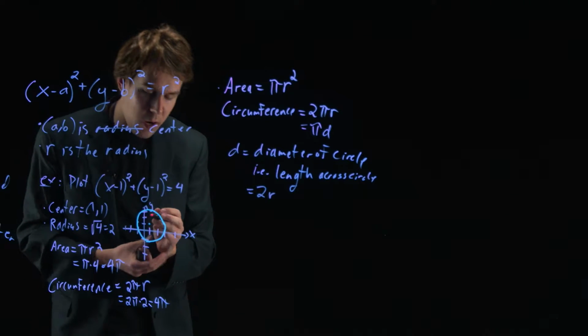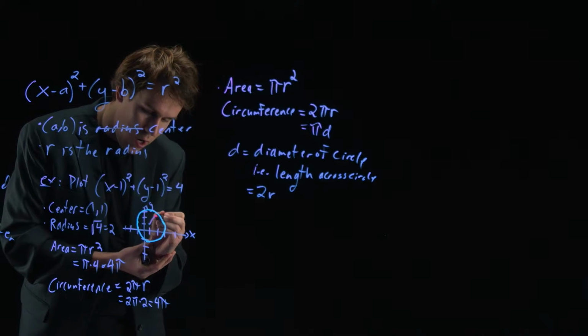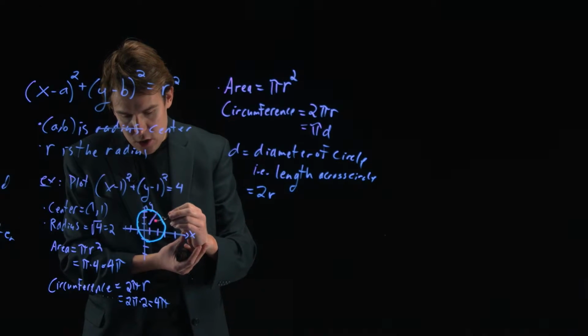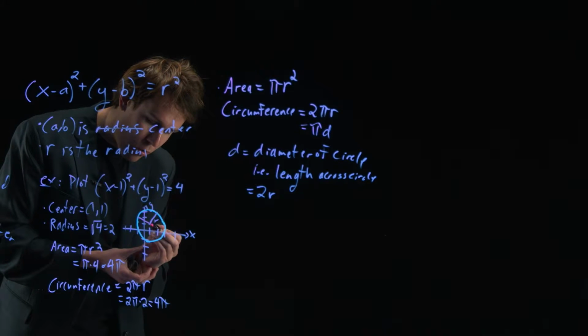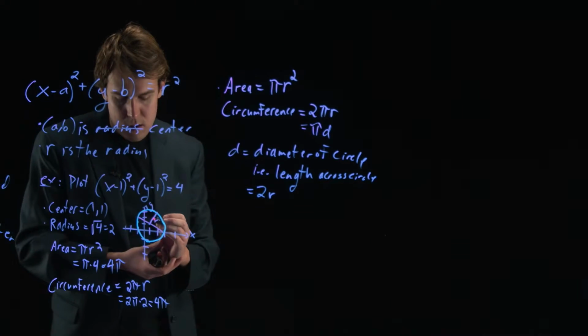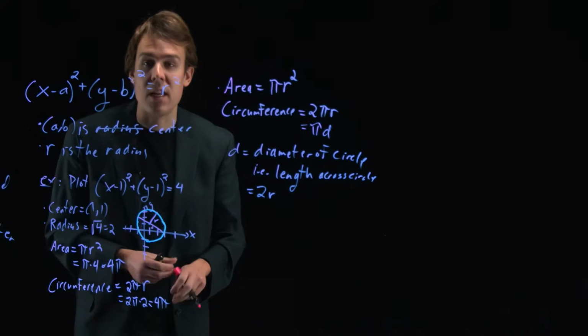So in this picture here, we can illustrate the radius as a line from the center to the edge, and then the diameter is a line from the edge through the center and then back to the other side. So that would be the diameter d.